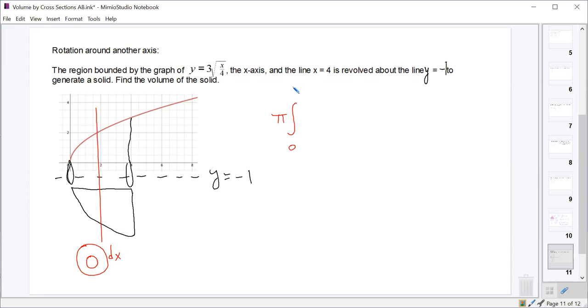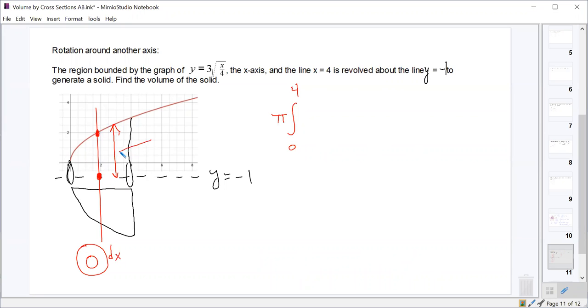We know it should be pi times the integral from 0 to 4. Well, what's our outer radius? Now, instead of measuring from the x-axis, we have to measure from the line we're revolving around. So our outer radius has to go from any value at the height of our function to the line y equals -1.